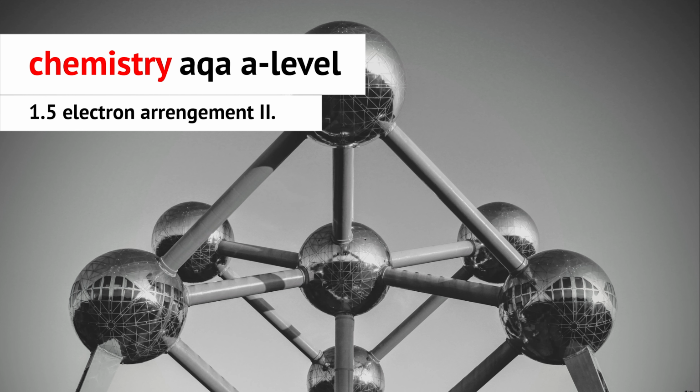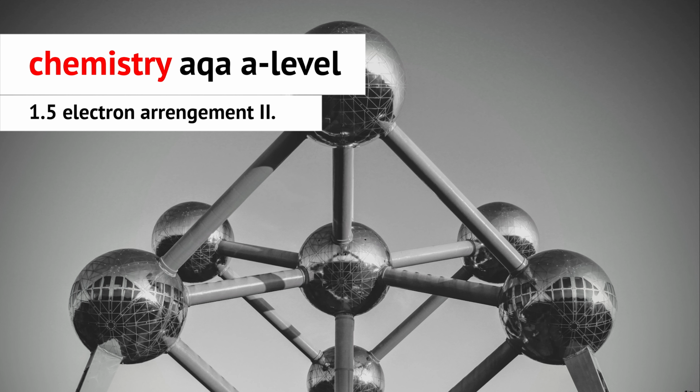So the electron arrangement of calcium, Ca, could be written as [Ar] 4s2, as a shorthand for [1s2, 2s2, 2p6, 3s2, 3p6] 4s2, because 1s2, 2s2, 2p6, 3s2, 3p6 is the electron arrangement of argon.